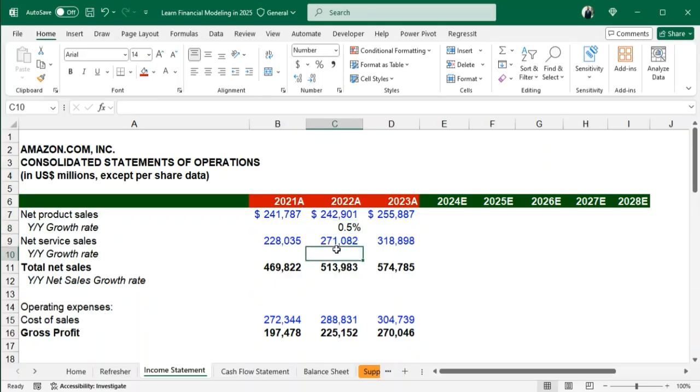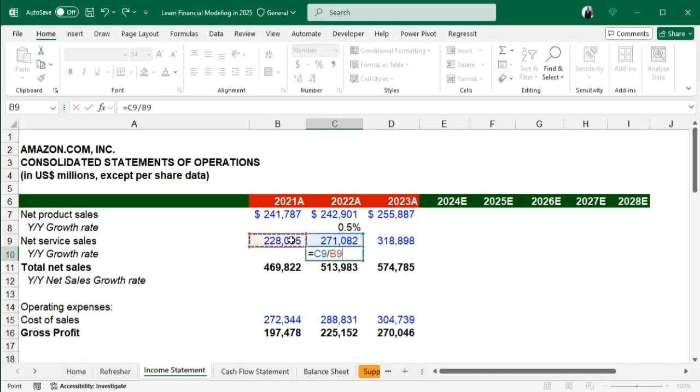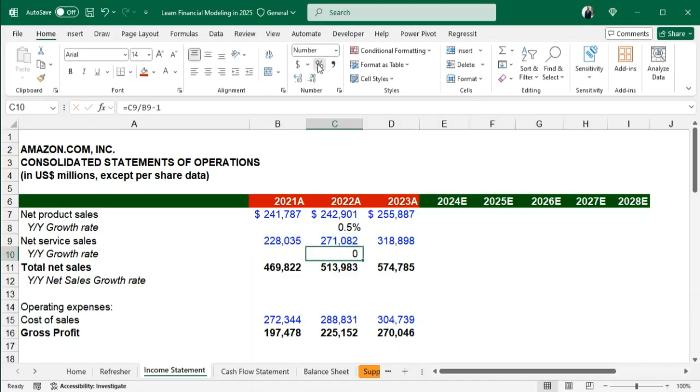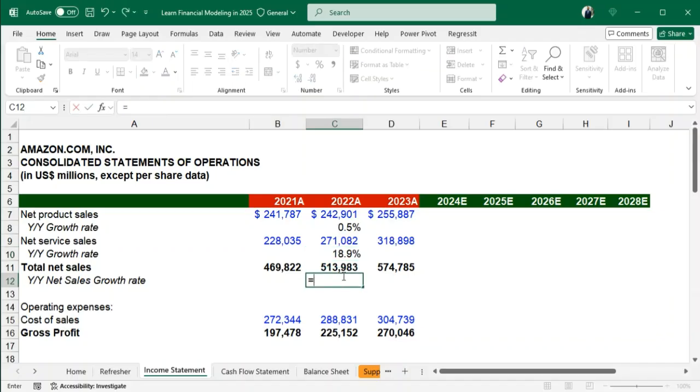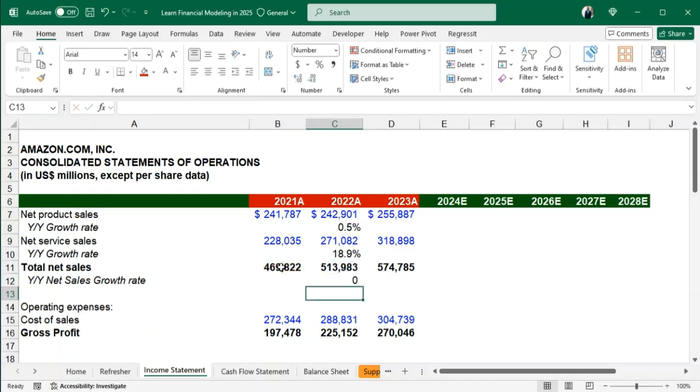And also I can come here and do the same: equals the current year divided by the previous year minus 1, and also format that as a percentage with 1 decimal place. And then I can do that for my total net sales as well. So this divided by this minus 1, change it to percentage, and also increase the decimal to 1.